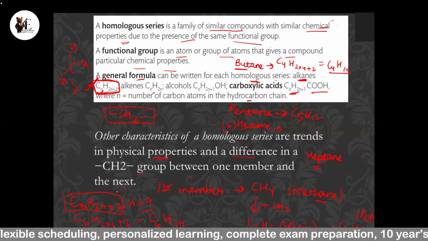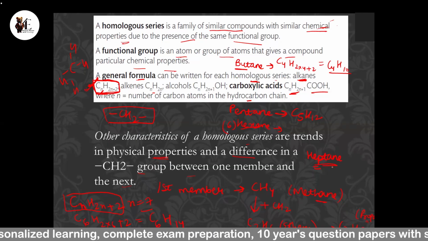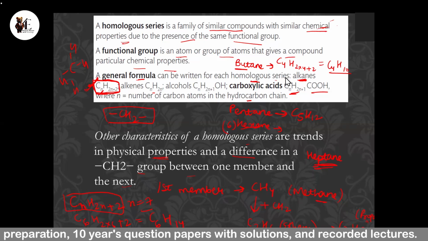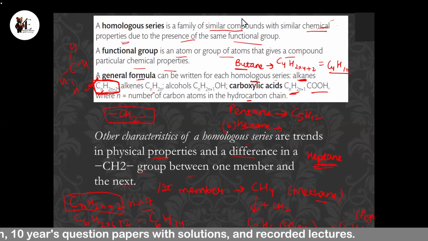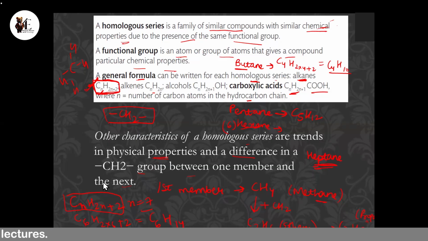Do it in your copy and then tell me the answer for heptane. What are you getting? Sorry, ma'am, the both of us or just Yaya? Just Yaya. You know the answer. I'm asking about Yaya.